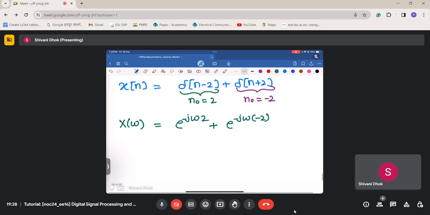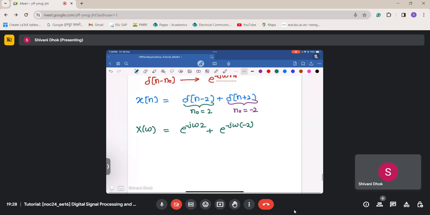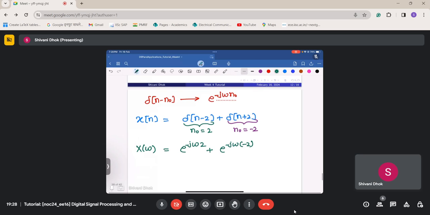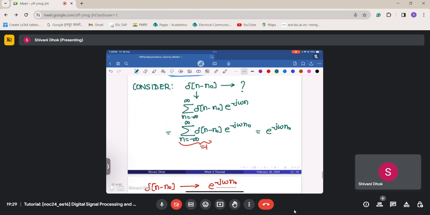Madam, one doubt. Actually, we have to write this as x of e power j omega, no, madam? The DTFT is a function of e power j omega, no? You are using x of omega.